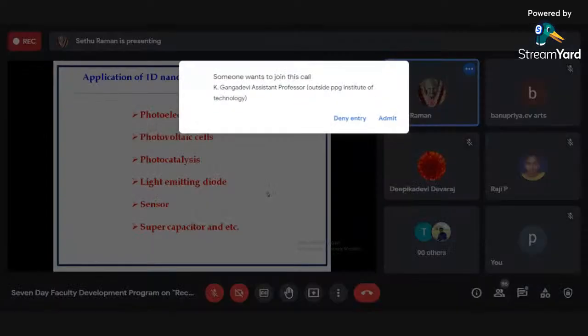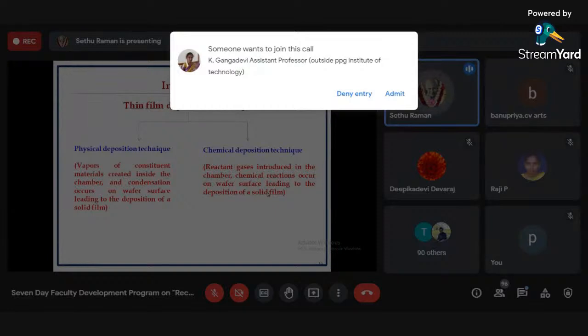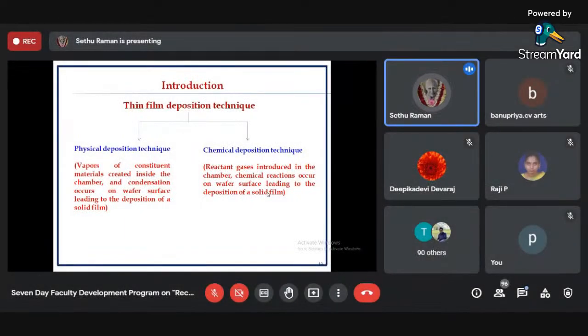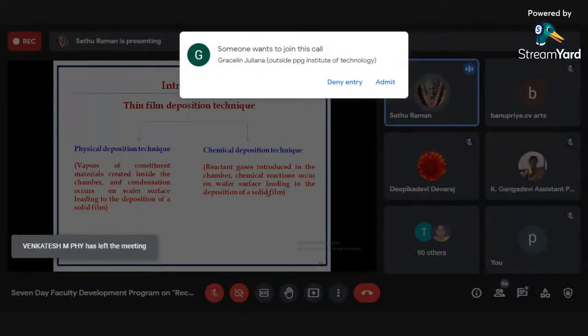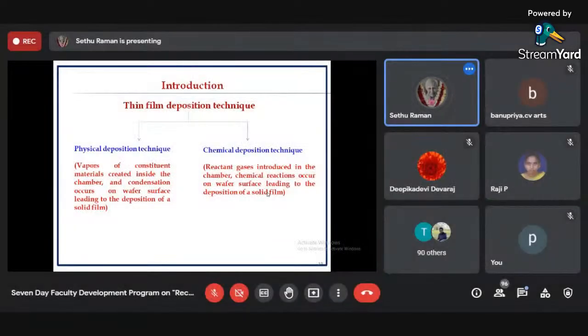Applications of one-dimensional nanostructures include different photovoltaic solar cells, photoelectrochemical cells, light-emitting diodes, sensors, and supercapacitors. For thin film formation, generally the thin film deposition is based on physical vapor deposition and chemical vapor deposition. So we need highly sophisticated instruments to prepare thin films of one-dimensional nanostructures using physical or chemical vapor deposition.